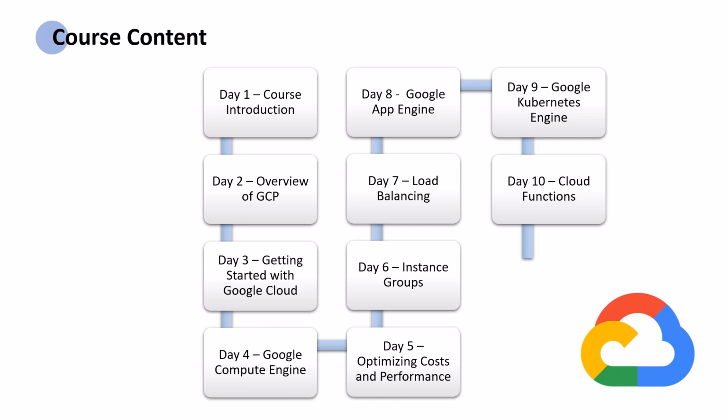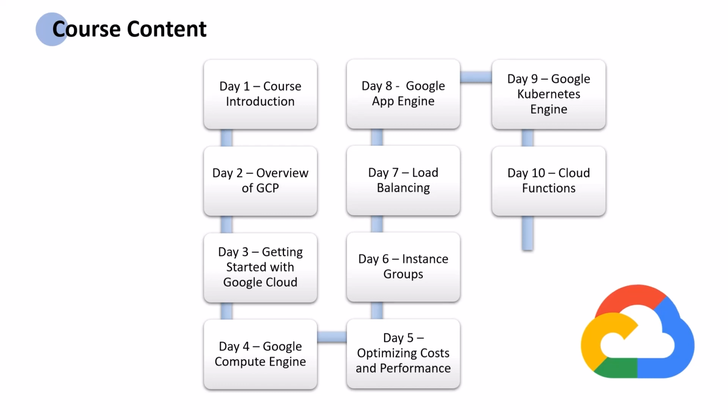The first 10 days of this course are designed for learning compute options, including overview of GCP, getting started with Google Cloud, Google Compute Engine, optimizing costs and performance, instance groups, load balancing, Google App Engine, Google Kubernetes Engine, and Google Cloud Functions.